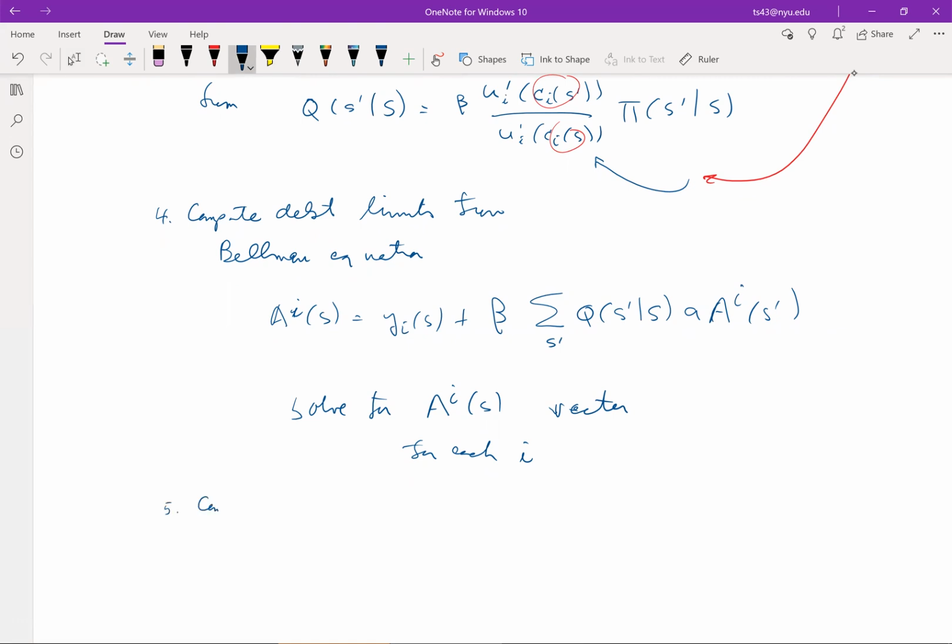Five: compute portfolios by solving another Bellman equation.